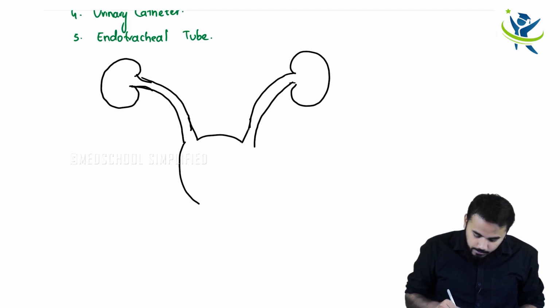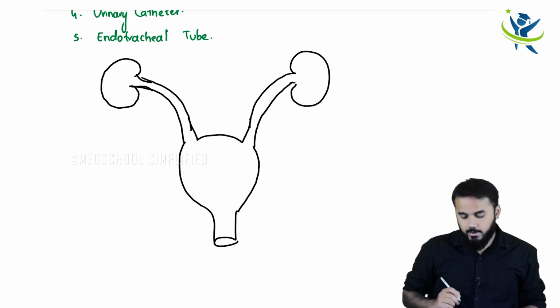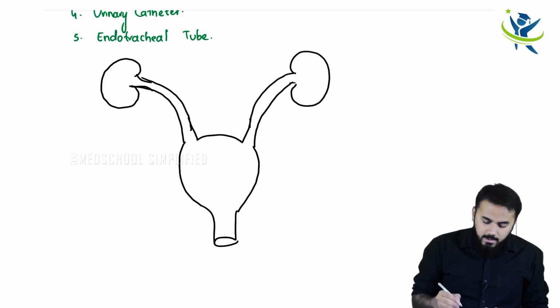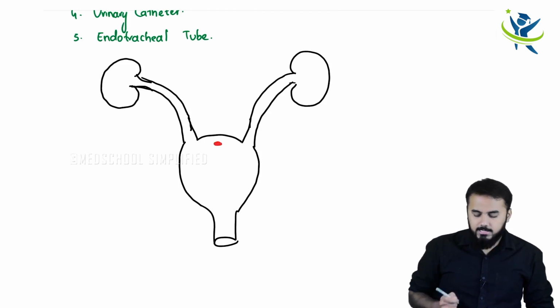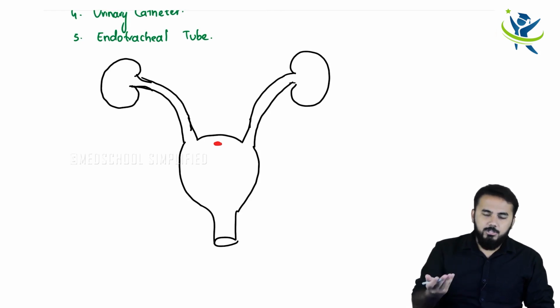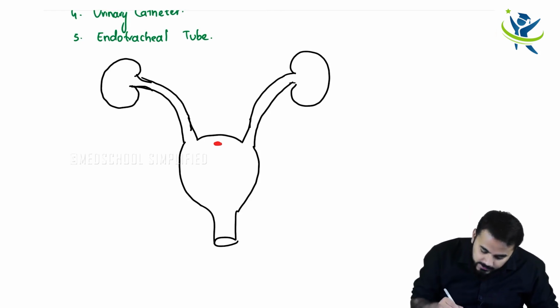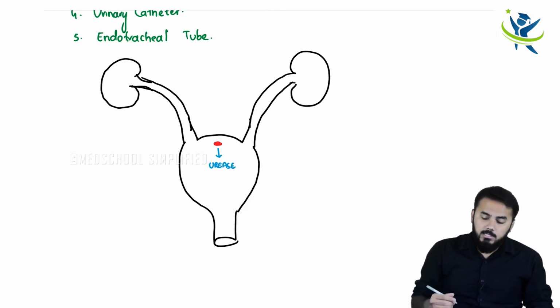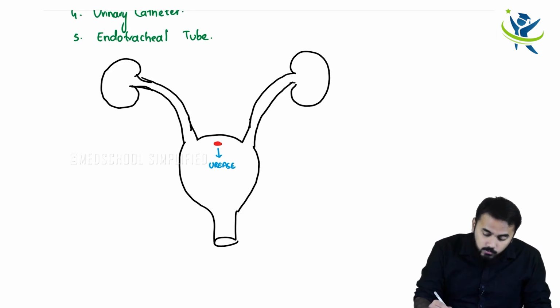This is your urinary bladder over here, and this is your urethra. What is my main intention to explain to you is that, for example, if this bacteria is here in the urinary bladder, this bacteria will release urease, all of you know. So what does this bacteria release? This bacteria will release an enzyme called urease. And what does this urease do, guys?